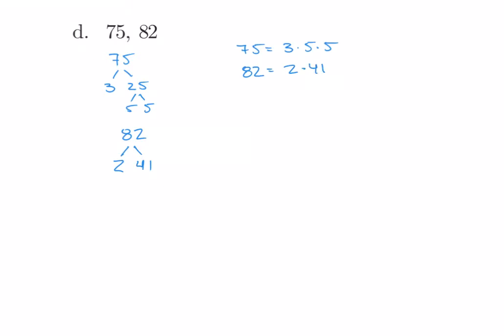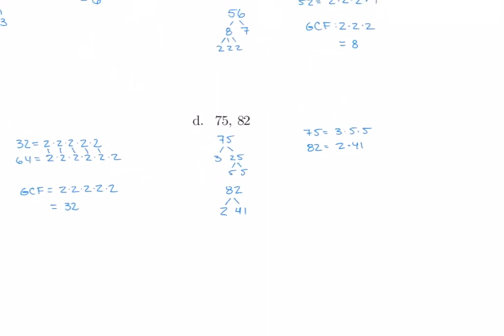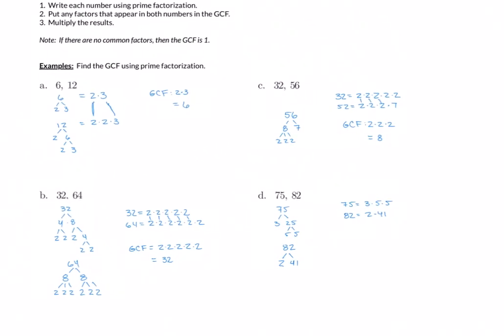And in this case, notice that they have no common factors. So we need to go back to the note that I had up here above. If there are no common factors, then the GCF is 1.